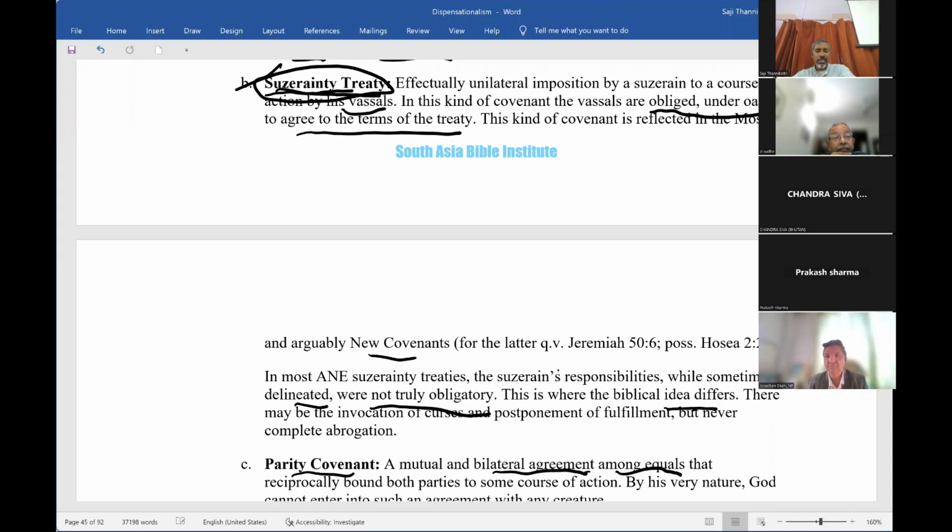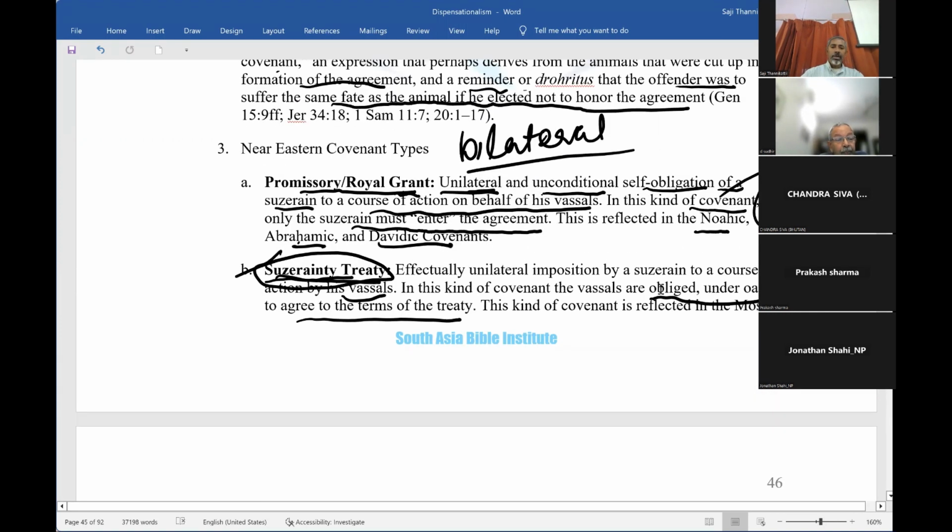Because it was a suzerainty treaty, like a king comes and says, this is what you must do, but God made sure, unlike other ancient Near Eastern cultures, to say what he is going to do. Ancient Near Eastern culture had a problem: the king would never say what he is obligated to do, but God said what he is obligated to do. Yes, that was a suzerainty treaty. So the Mosaic covenant is a kind of suzerain treaty, unlike the Noahic, Abrahamic, and Davidic covenants.